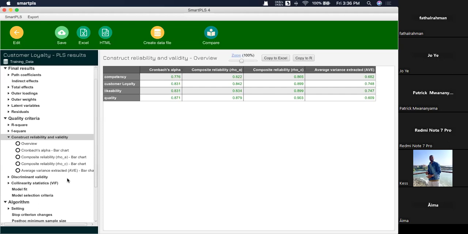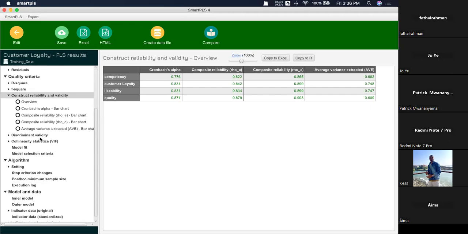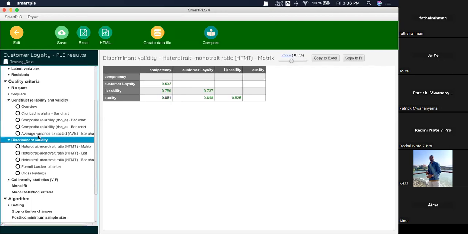So we are done with construct reliability and validity. We go to the next one, discriminant validity. Please click on discriminant validity. Are we there? If you're there, you can see the first output is the heterotrait-monotrait ratio.